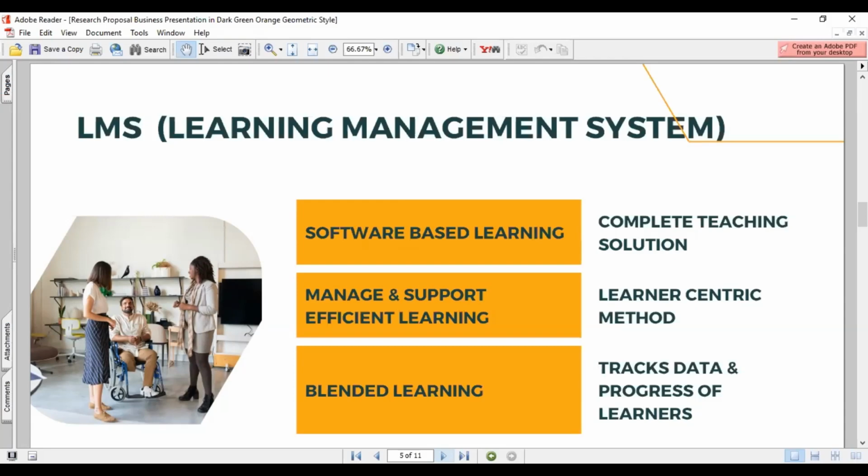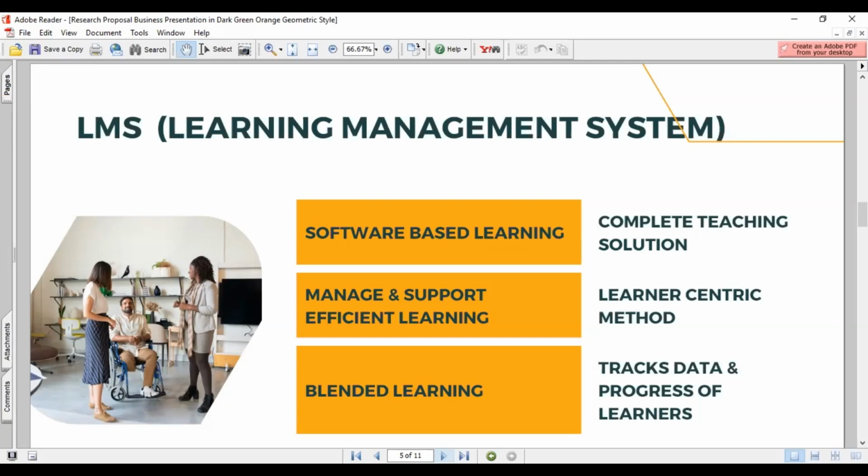And there can also be certain apps where you as a student can go back and revise on an online platform, and there can even be recorded lectures which you may find in certain learning management system apps. That is called blended learning.